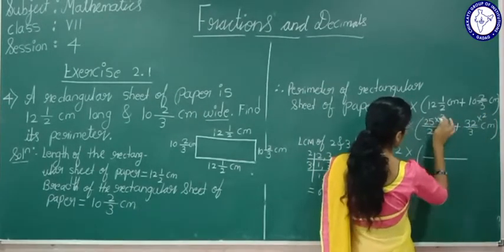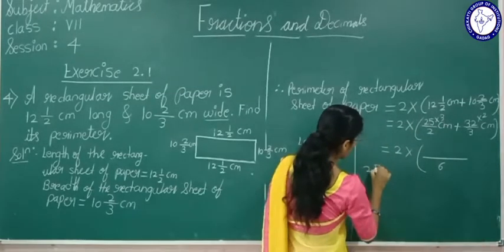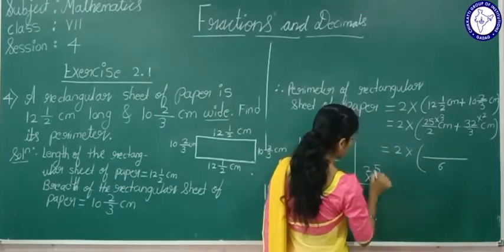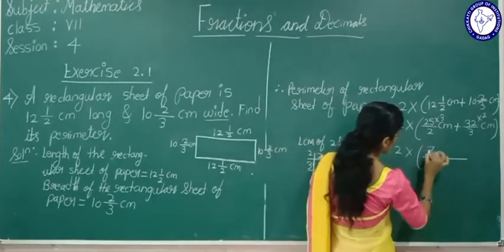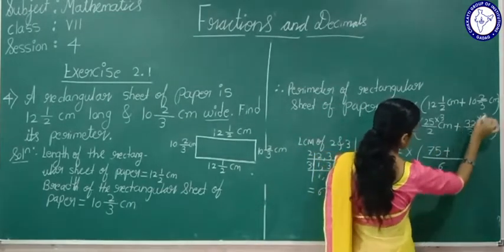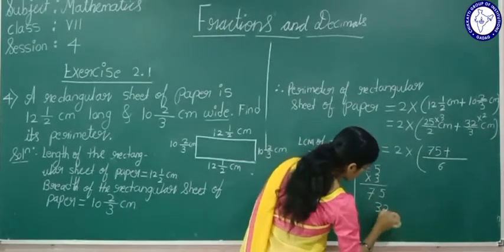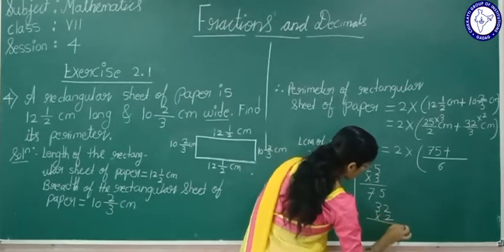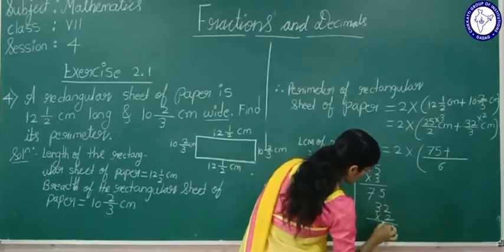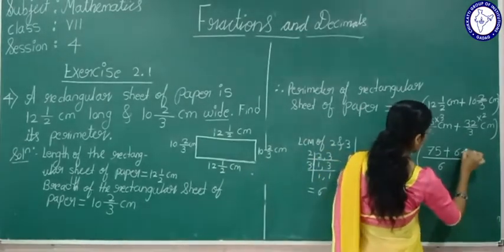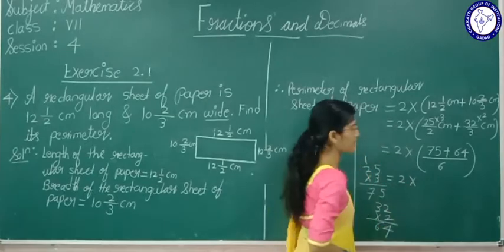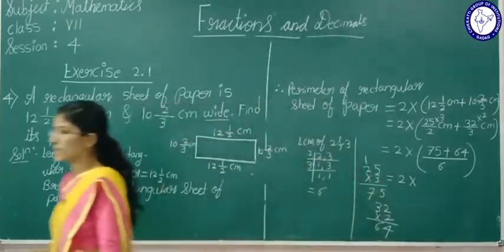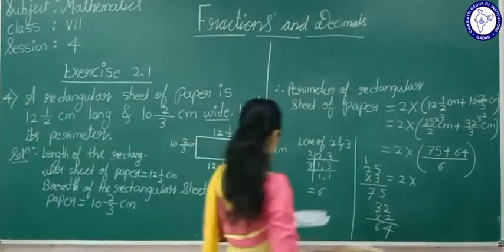What is 25/2 in sixths? 2 threes are 6, so 25 threes are 75. For 32/3, 3 twos are 6, so 32 twos are 64. It is 75 plus 64 over 6, equal to 2 multiplied by, what is 75 plus 64?